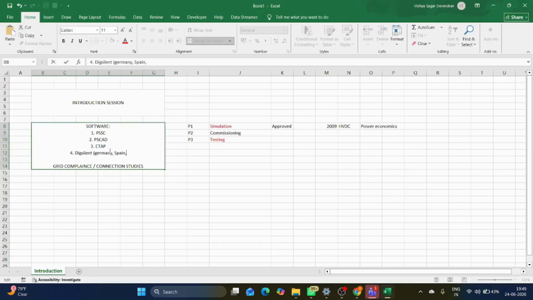The UK market is also expecting DIgSILENT software, but apart from that, most other utilities, like the US, Indian and Australian markets, concentrate only on PSS/E and PSCAD.